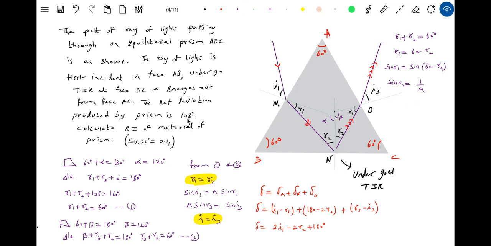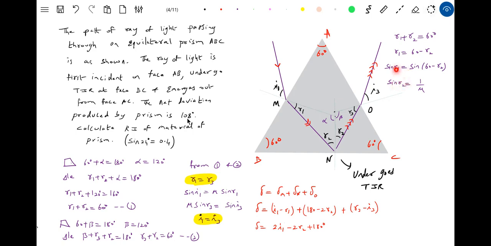Now we have to get an expression for mu. So sine I1 equal to mu sine R1. So I should replace R2, I got it. Okay, let me take help of this equation.